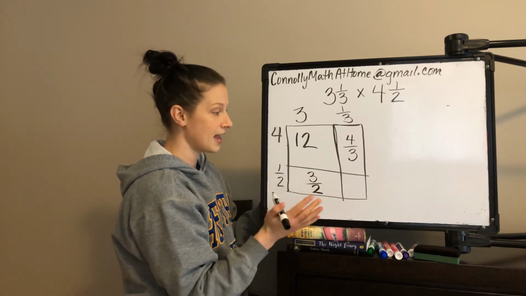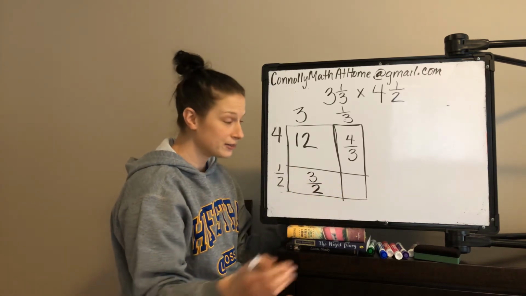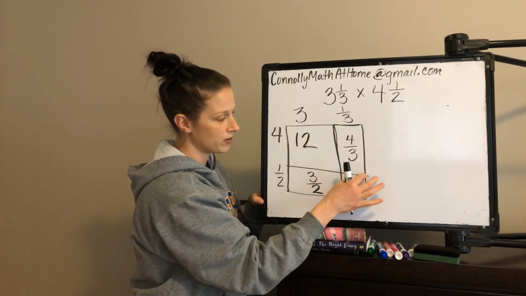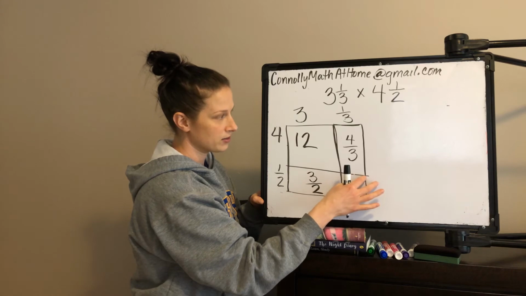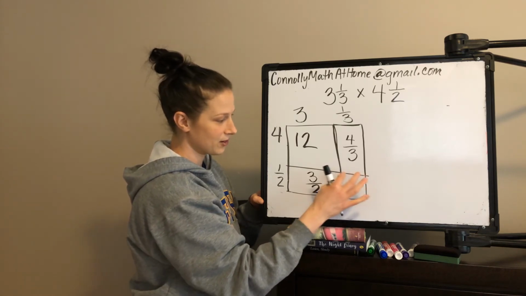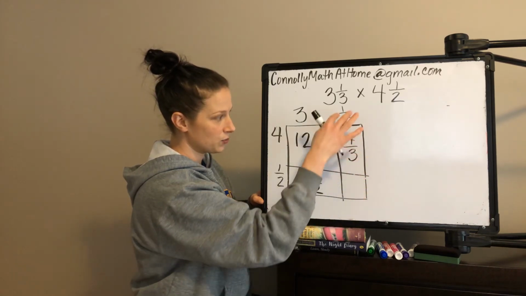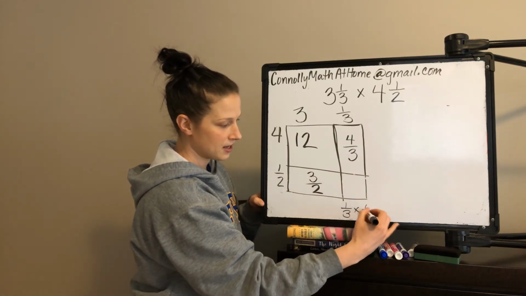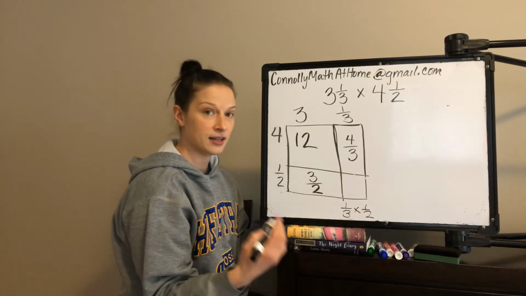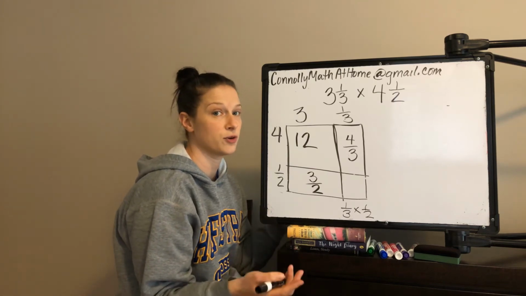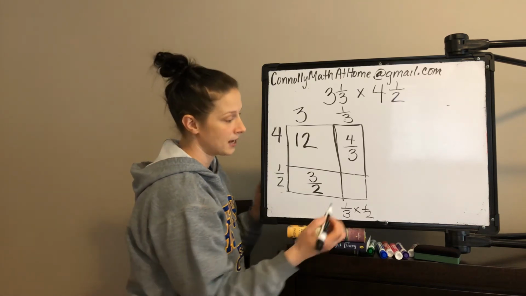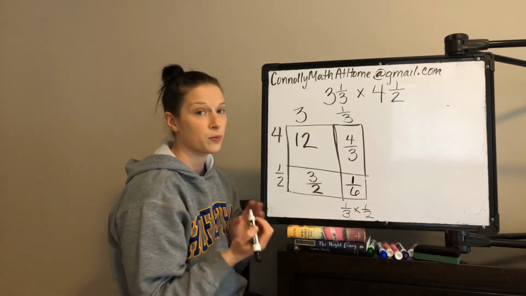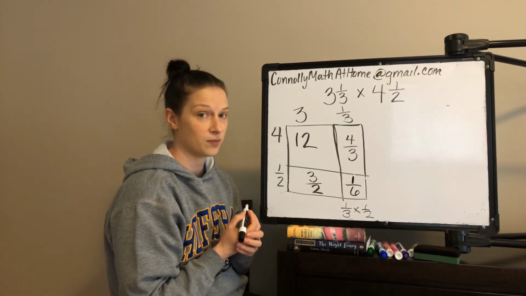Okay, then we get to our final rectangle, and we know that this side is 1/3, this side is 1/2. So we do 1/3 times 1/2. I'm going to write it down here because I don't have enough space. When you're multiplying fractions, you know it's numerator times numerator and denominator times denominator. So we end up with 1/6 there.